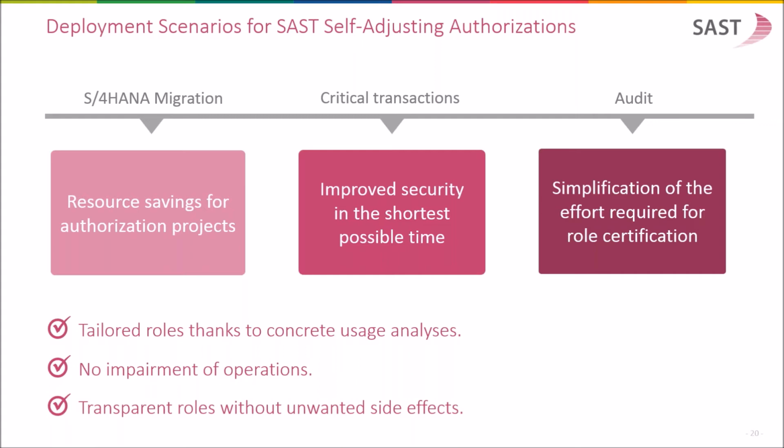So we have a clear concept without any long discussions, long test periods, and exhausting activities in discussions with end users and organizations. So the advantages, in one sentence: 90% cost saving on the authorization projects.